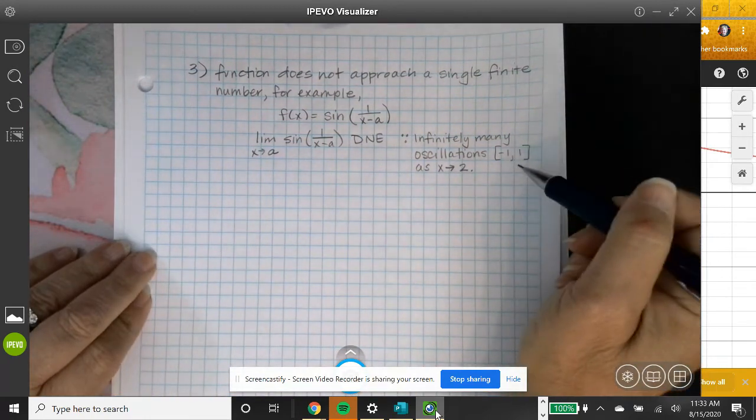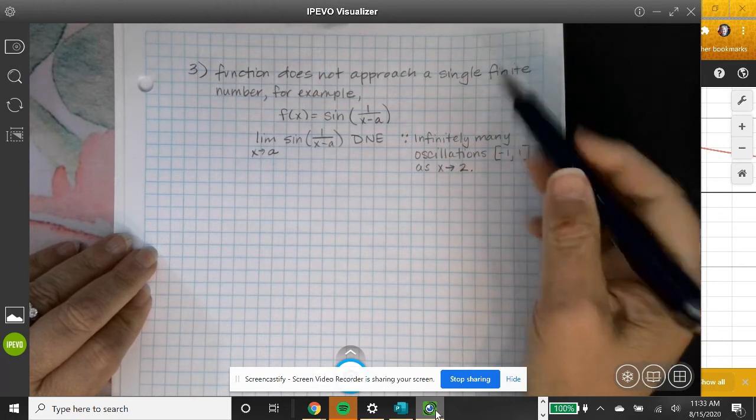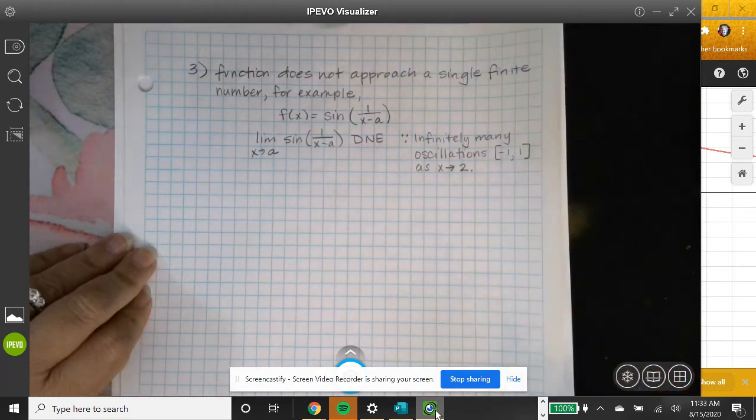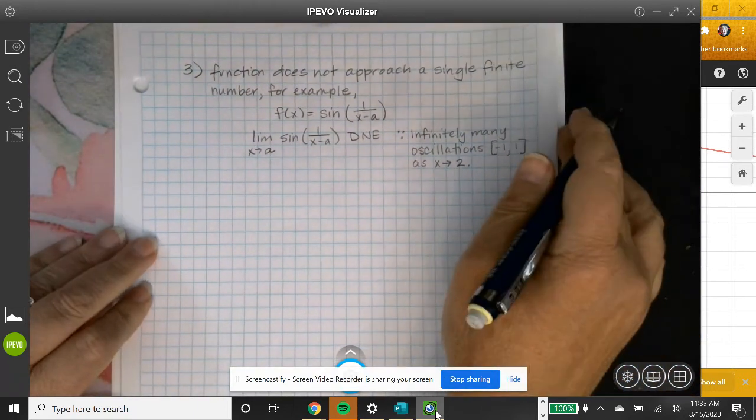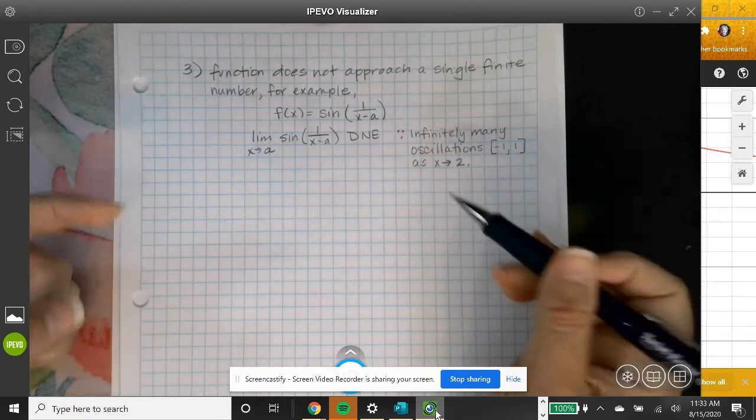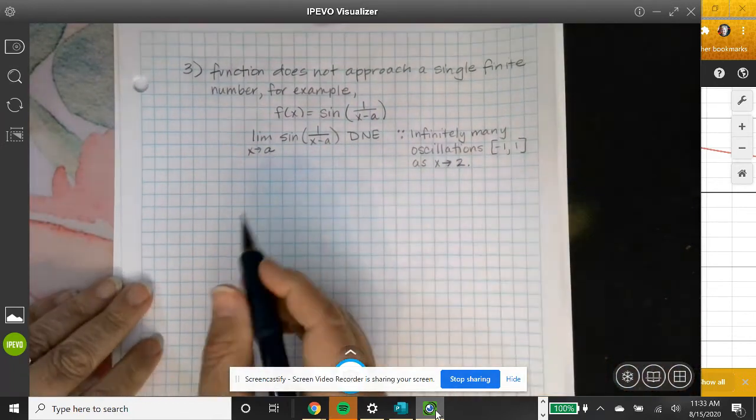So you can't choose a number because you're bouncing back and forth. So that's a limit that also doesn't exist, but it doesn't exist for a different reason than the limit from the left not equaling the limit from the right.